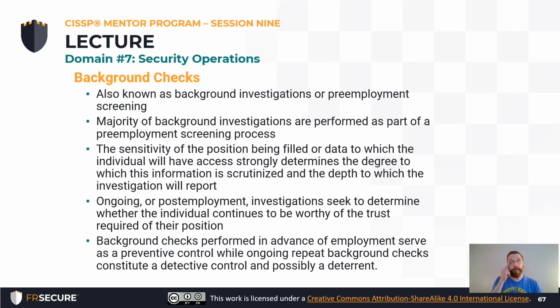They would give you some clues to understand what's changed, but it's more of a detective control. But it could be a deterrent if you know you're going to get a credit check every 6 months or every year. You're probably less likely to do things. Or a criminal check, like for a driver, right? Do I have any DUIs or tickets? Well, if I know that could potentially cost me my job, I might not do those things.